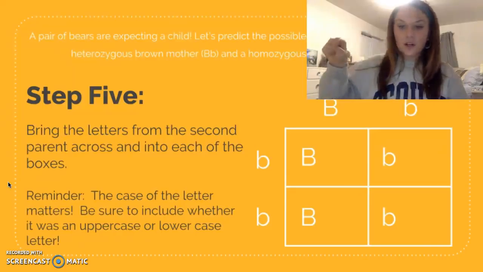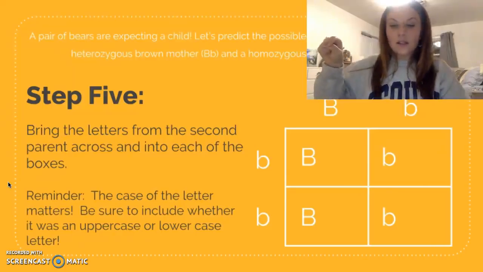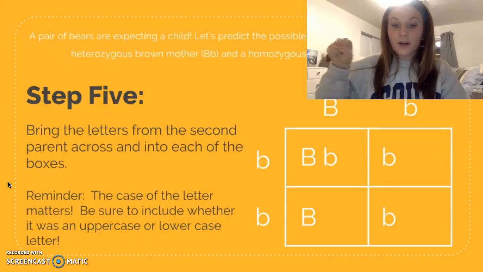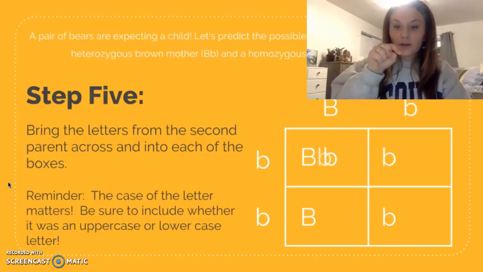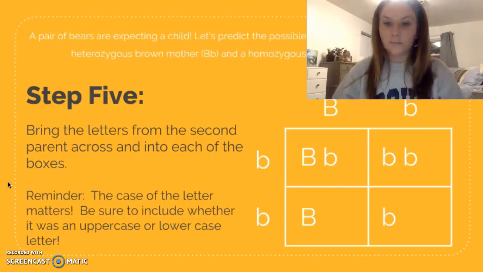So we're going to start in this square. The lowercase b is going to come from across and enter into that first top square. And then same thing, we need to move it over to here, so we're going to put another lowercase b in there. Do it again with the bottom side, bringing it into the bottom left square, and then bringing that b into the bottom right square.